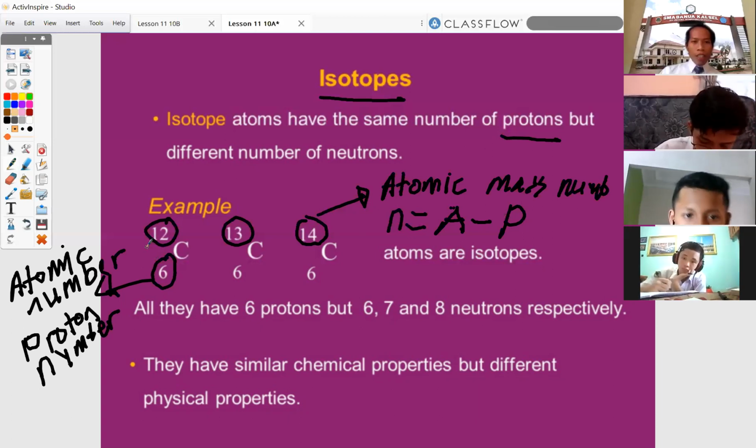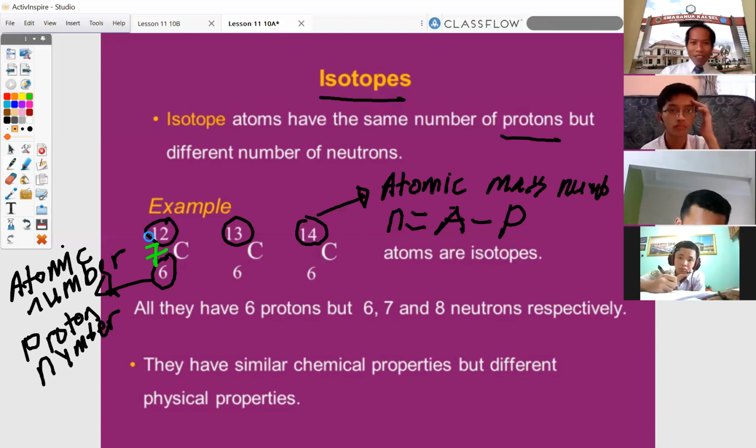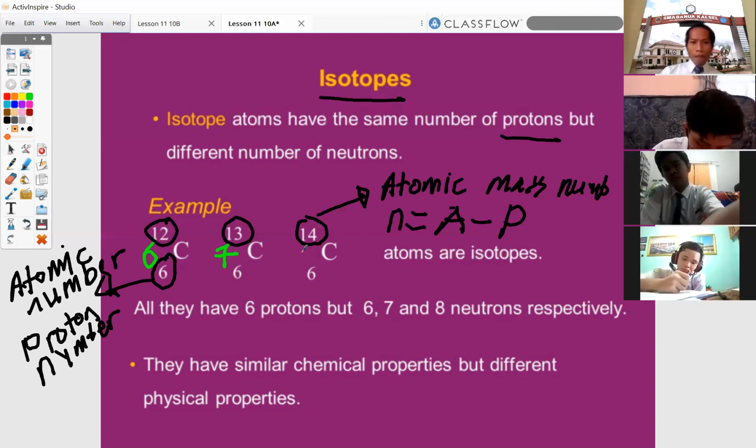This is 7, isn't it? Sorry, not 7. It must be 6. Here is 6. Here it is 7. 14 minus 6, this one, 8.